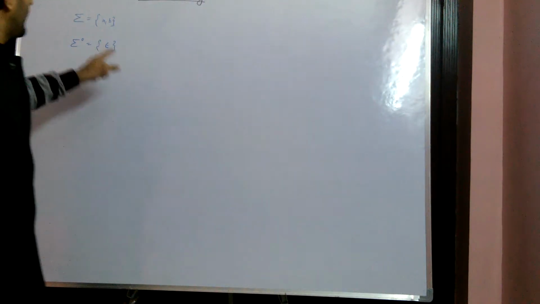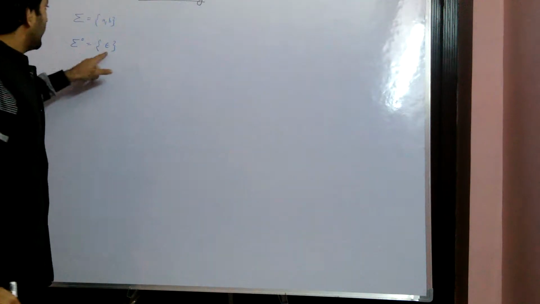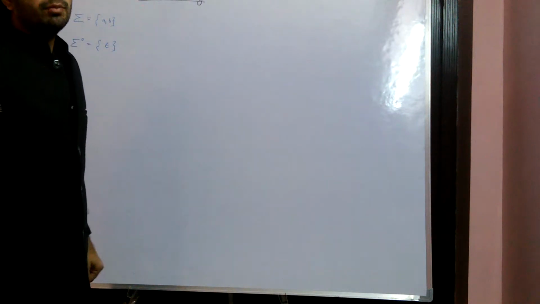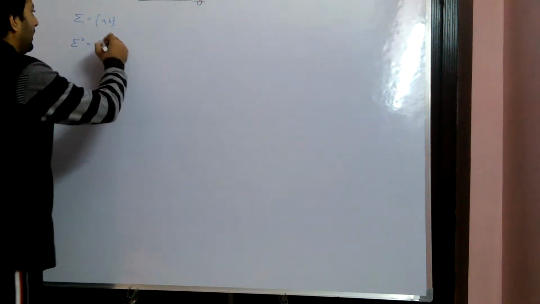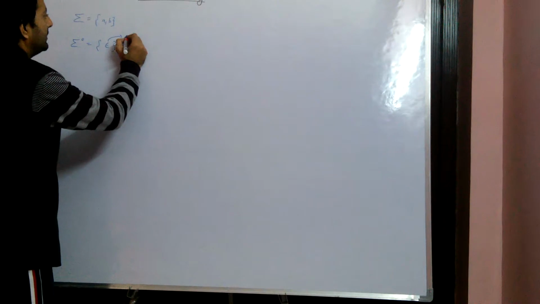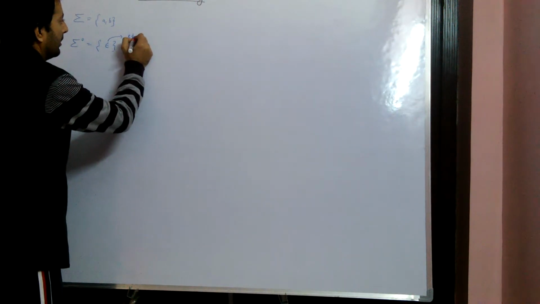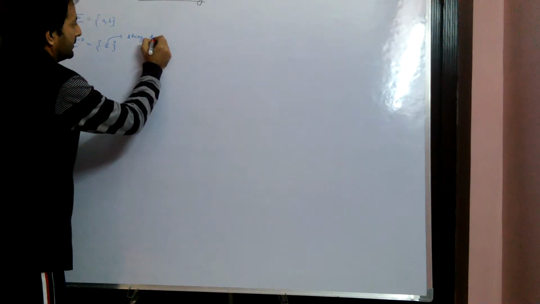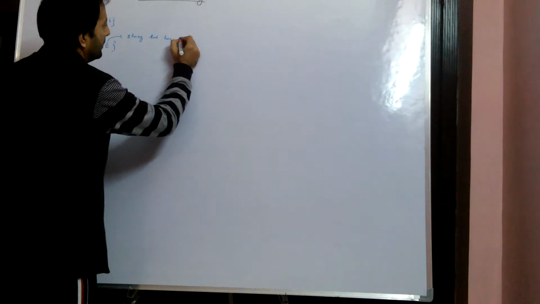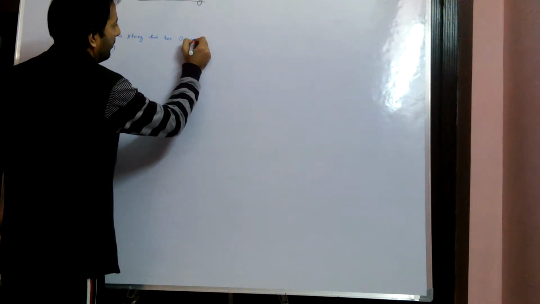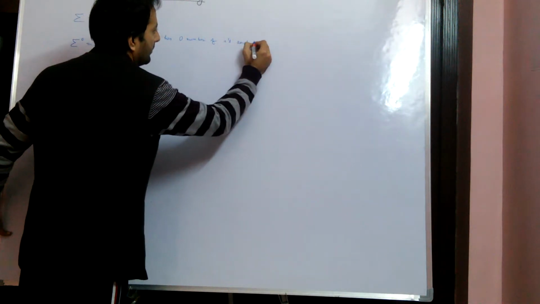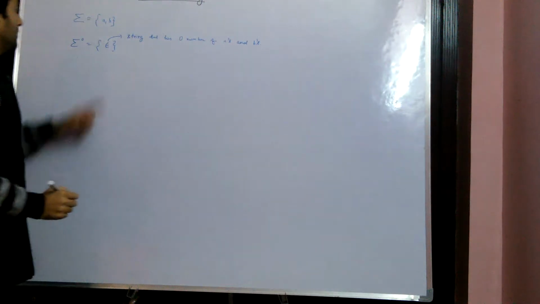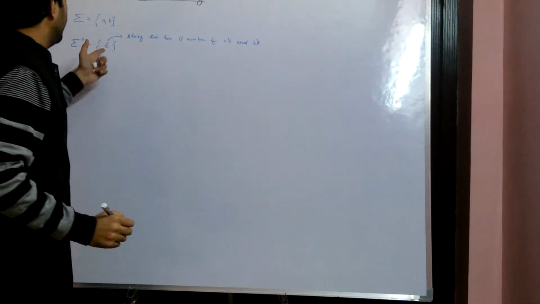This represents the set containing all the strings of length 0, so we have neither any occurrence of A nor B. For this particular string we represent this as epsilon, a string that has zero number of A's and B's. This is a special symbol. We know that this is epsilon.